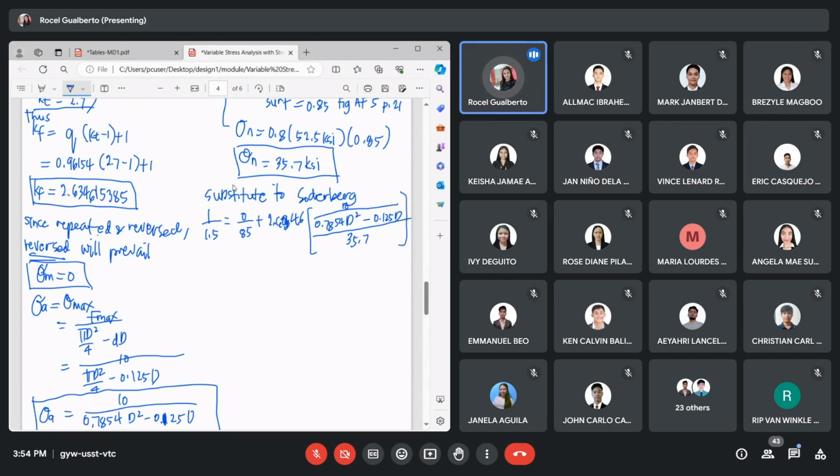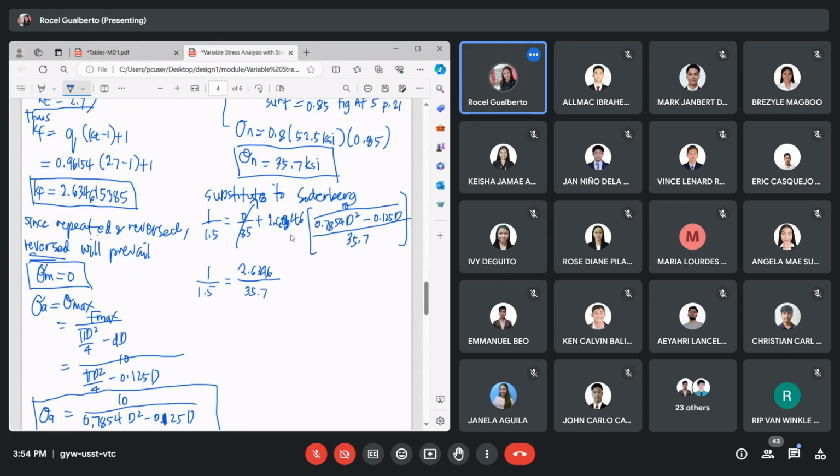Okay? So, yan po yung isi-simplify natin. 0 over 85, this is 0 already. Okay? So, we yield now 1 over 1.5 equal to 2.6346 divided by 35.7.